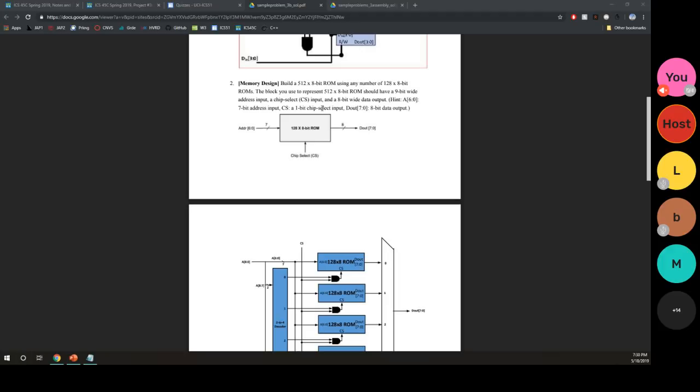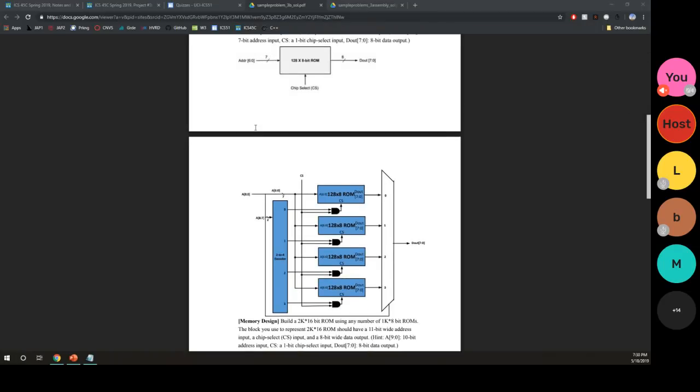So 7 is 128. And 512 goes 128, 256, 512. So that means we have to have a memory address that's 9 bits.